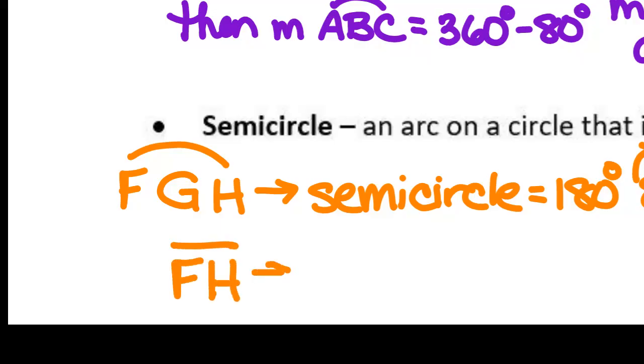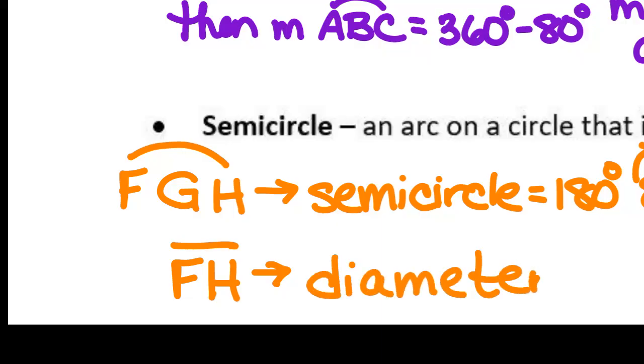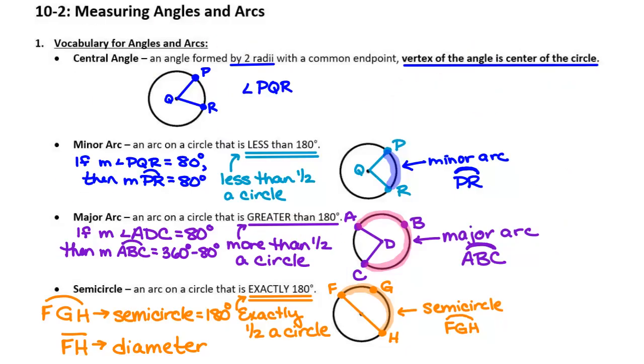Segment FH is a diameter. Every now and then you will see a semicircle written with only 2 letters, but that's very uncommon. Semicircles, you need to name them with 3 points.